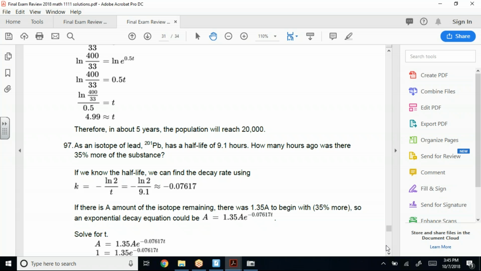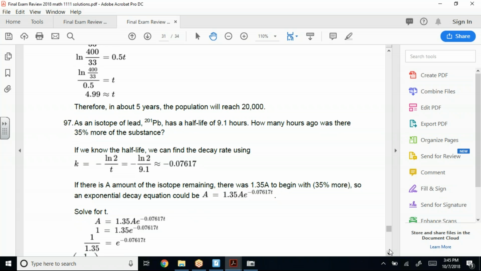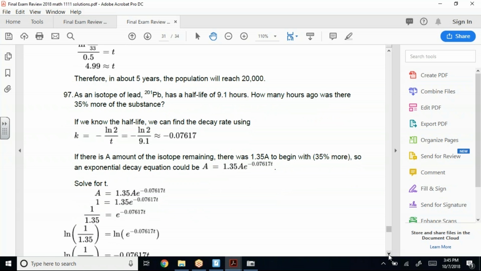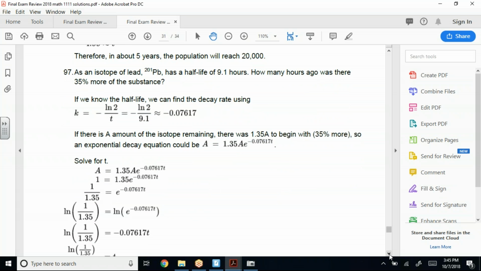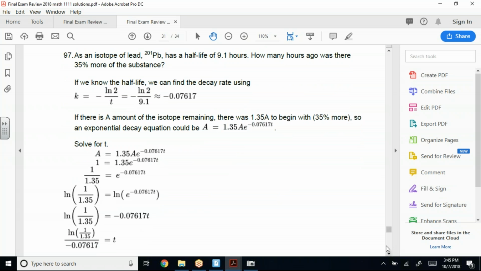So let's look and see what she's done here, because the way that I went was a little bit different. If we know the half-life, we can find the decay rate using k times 9.1.